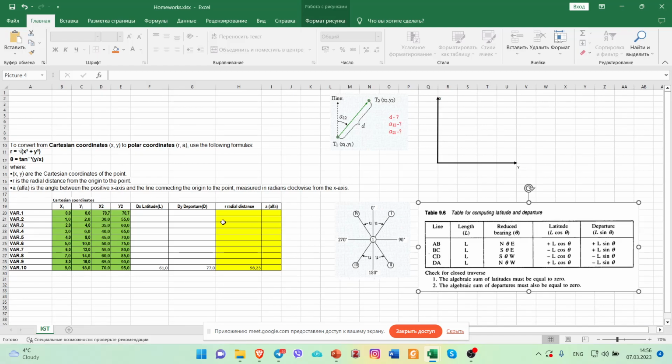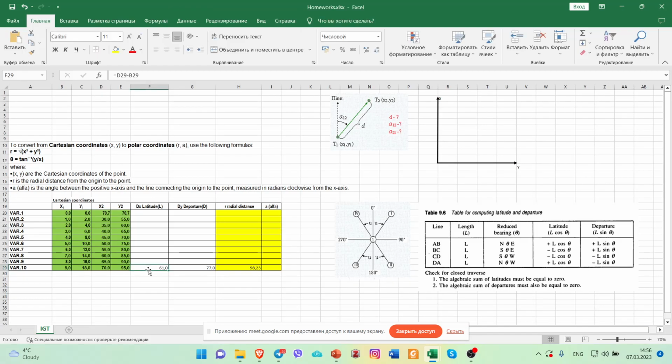So in our case, the line lies from point with coordinates 9, 18 to point with coordinates 70, 85, 95. So the line lies in the first quadrant, and alpha will be the same as reduced bearing.